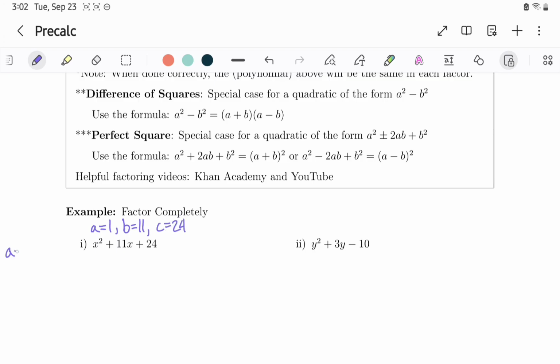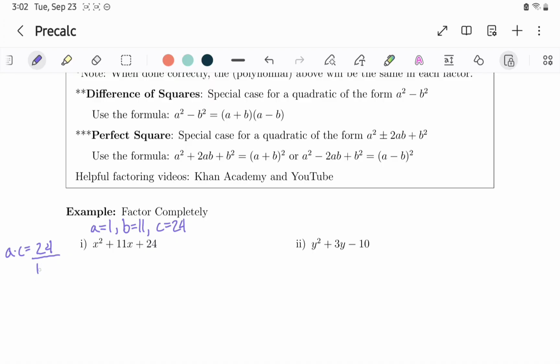So a times c is equal to 1 times 24, so just 24. So we want to find a factorization of 24 into two factors whose sum is 11. And since we have a positive number that we're trying to factor and a positive number that we're trying to add up to, that means that the factorizations that we should look at here involve only two positive factors.